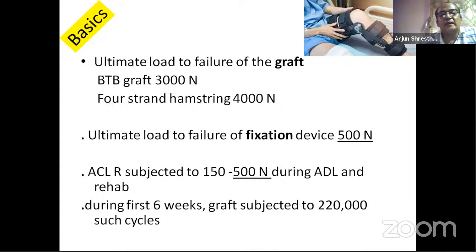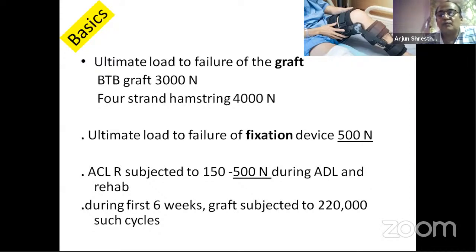During ACL reconstruction, daily activities and the rehabilitation programs, maybe 150 to 500 Newton of force is applied. So you can see that the failure load of the fixation device is 500 Newton, and during daily activities it may reach up to 500 Newtons during strenuous activities.